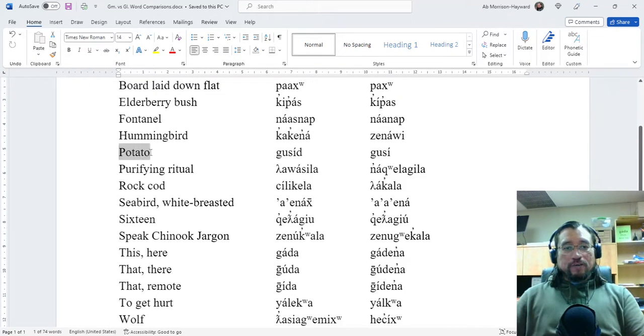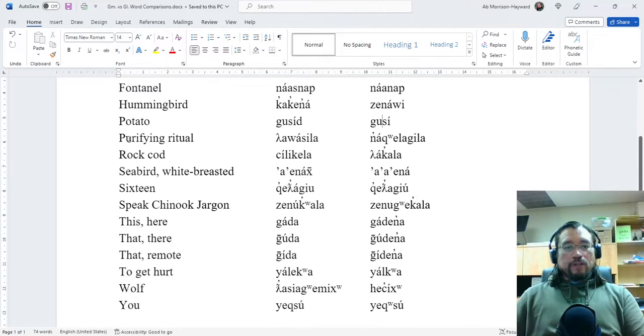For potato, in xaisla, it's guseed. And in xenaksiala, gusi. So the difference is that the xaisla word ends with a D. The xenaksiala word does not end with a D.